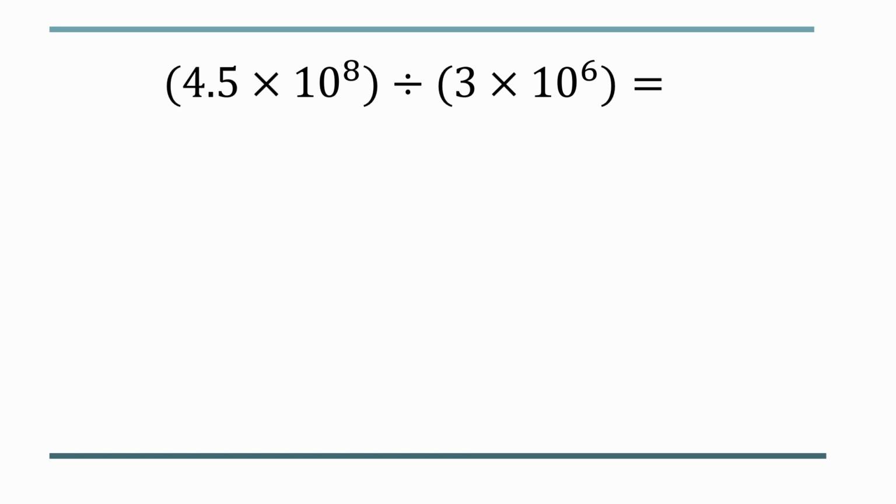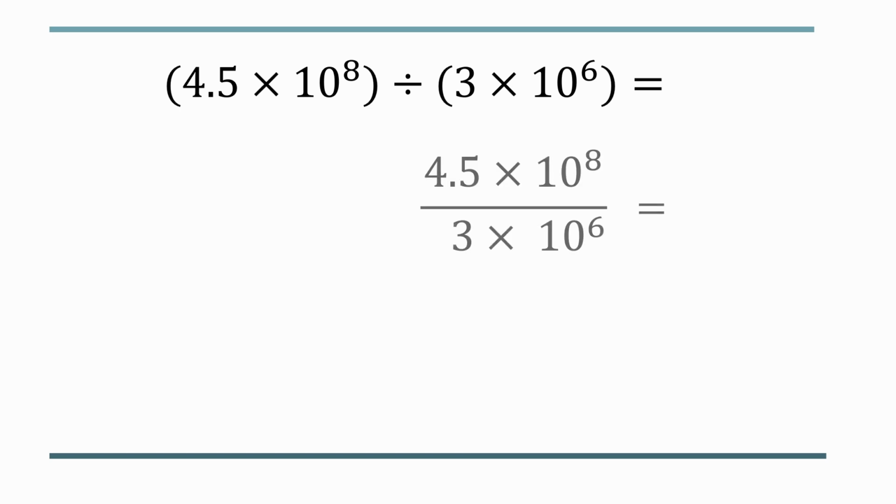Remember, the result of a division is called a quotient. Let's rewrite it by replacing the division symbol by a fraction bar. First step, 4.5 divided by 3. Second, we divide the powers of 10.